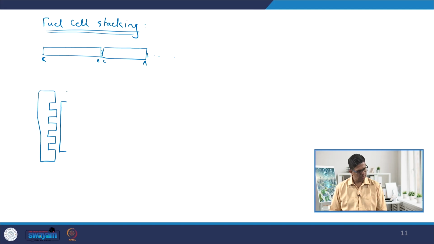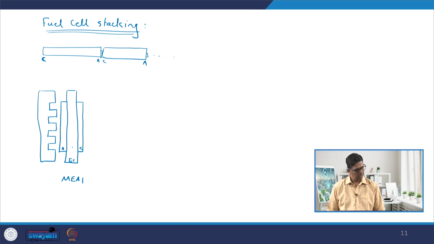I am only going to show the important parts, so I will probably skip the gaskets. This is my membrane electrode assembly of the first cell. Let me call this MEA1. This is your electrolyte and this is anode and cathode.